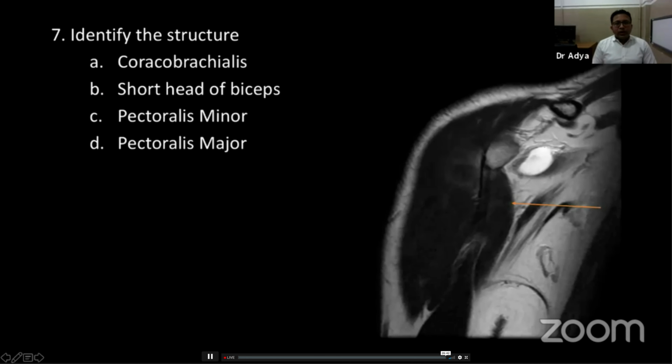Coming to the next question, 7. Identify the structures. A, coracobrachialis. B, short head of biceps. C, pectoralis minor. D, pectoralis major. The poll is live, sir.